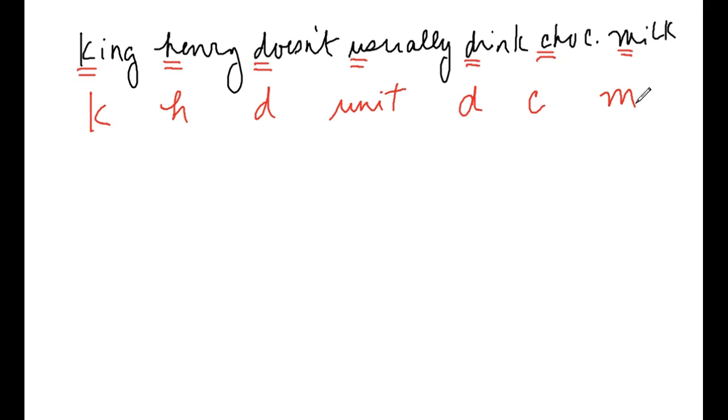So hecto is 100, kilo is 1,000, DA, which is deca, and then deci, centi, milli. King Henry doesn't usually drink chocolate milk. So you can memorize that real easily, and that gives you your units.